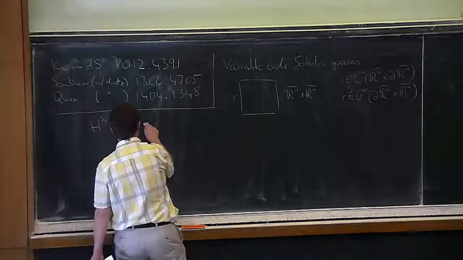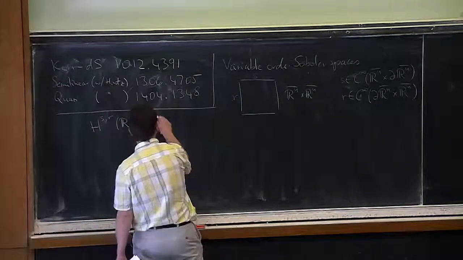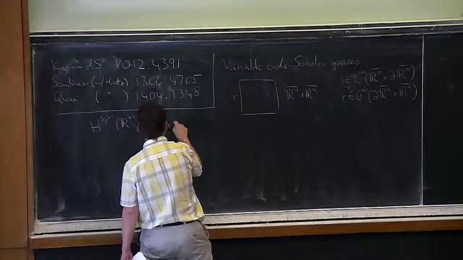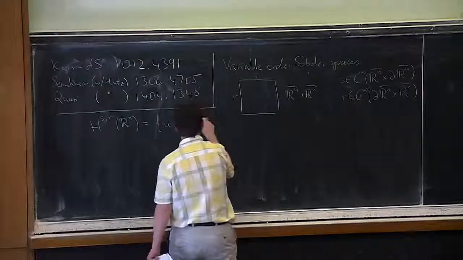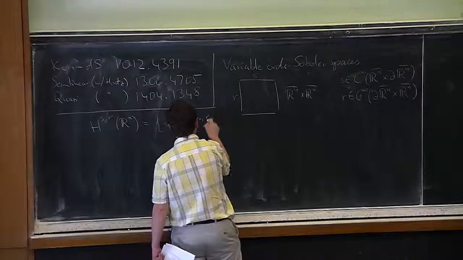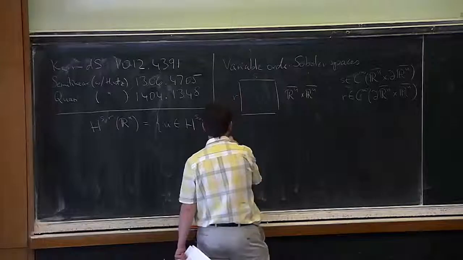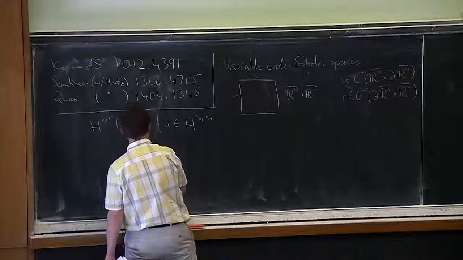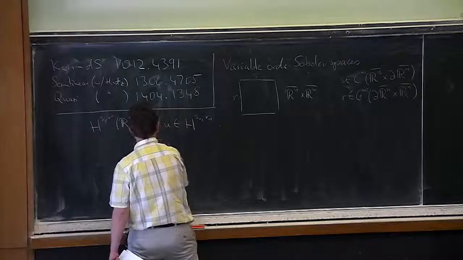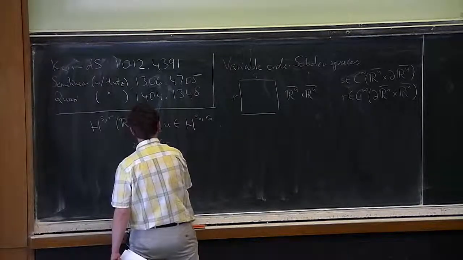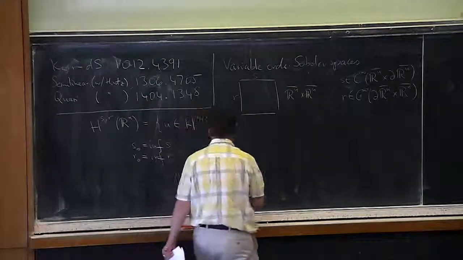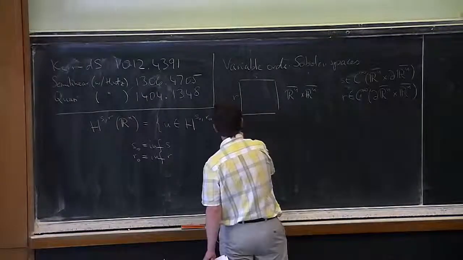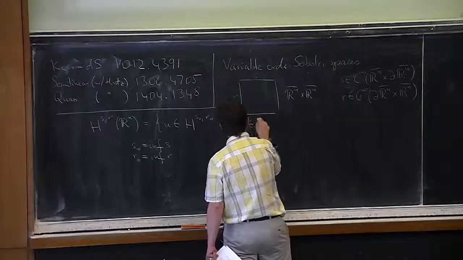To make it a tiny bit better, you could say it as u in some H^{s0,r0}, where this is a sufficiently weak space, so s0 should be as weak as it can be, like an inf of s, and r0 is the inf of r, such that Au is in L2.